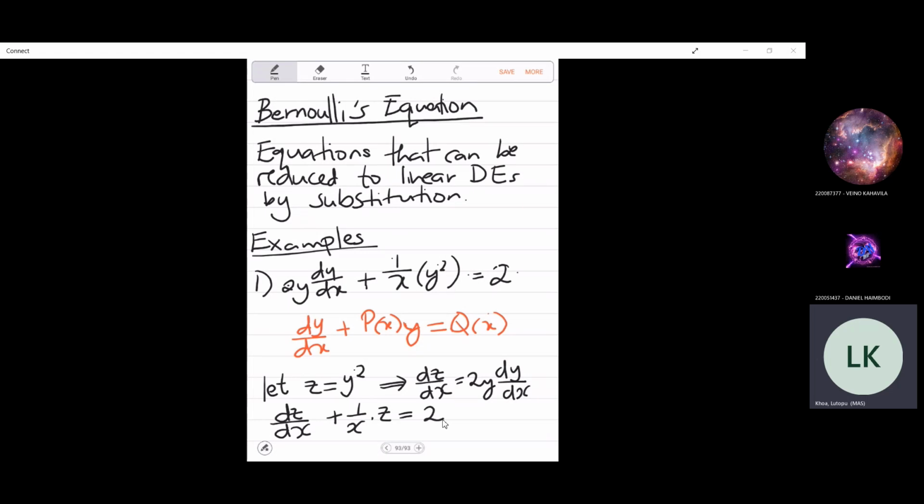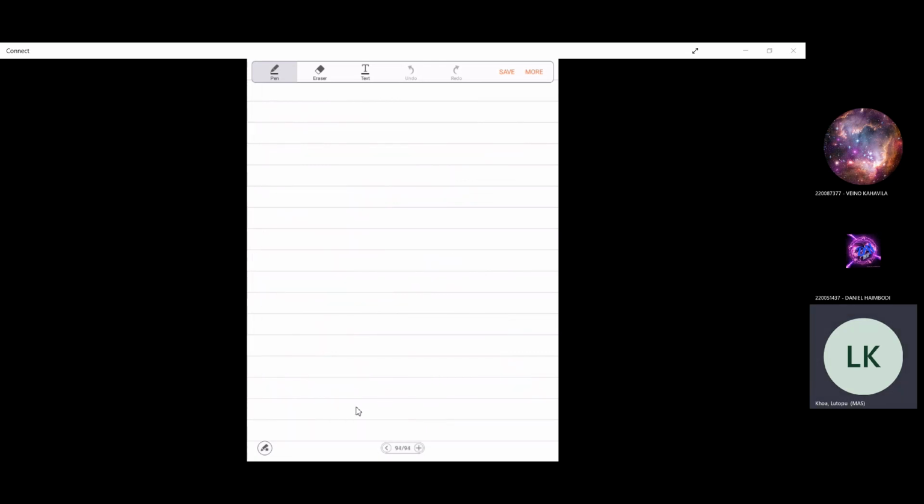And then we would solve this by finding the integrating factor, which is e to the power of the integral of this function here. So our integrating factor is e to the power of the integral of 1 over x dx, and this is e to the power of ln x, which is x.